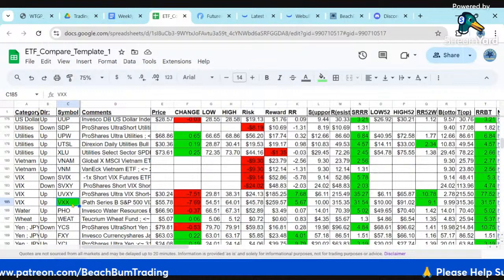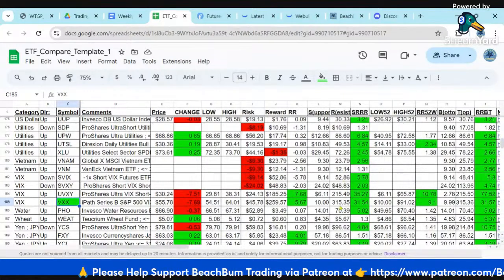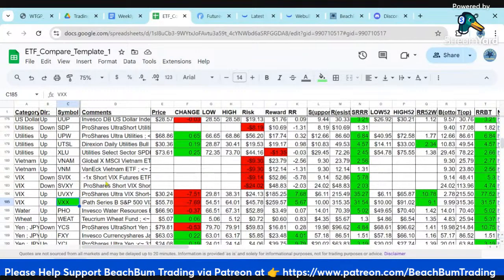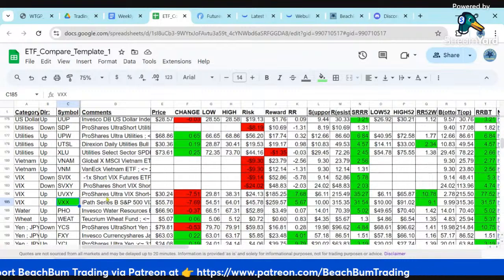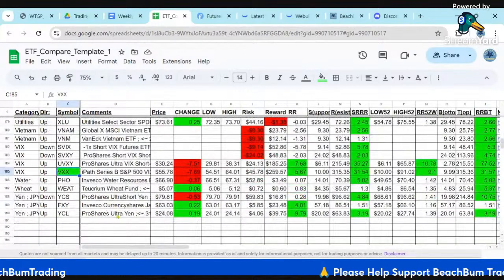Also, you can long the VIX with VXX, so you can see the various risk-reward profiles of the various ETFs to long or short the VIX. Again, these are all based on VIX futures, so you want to look for tops and bottoms in the VIX futures to determine those entry points.